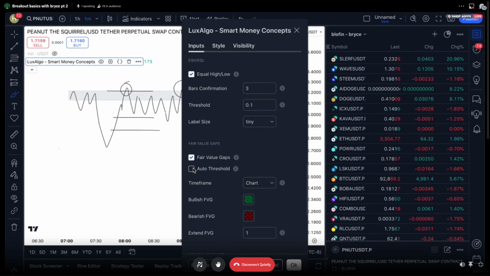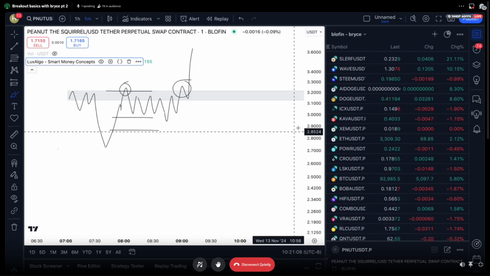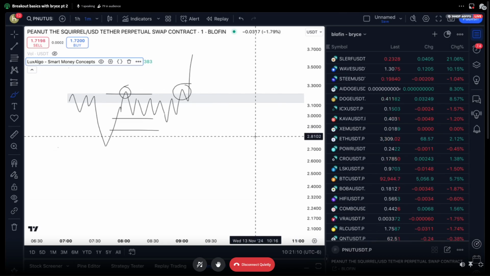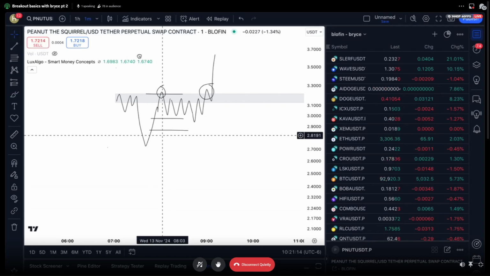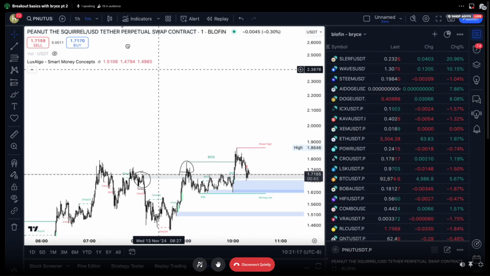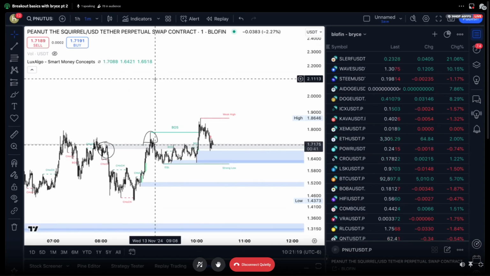I normally turn off auto threshold if I'm using it, and I advise people to turn off auto threshold as well. I'm going to give everybody a second to get that on their charts. Good, everybody good?